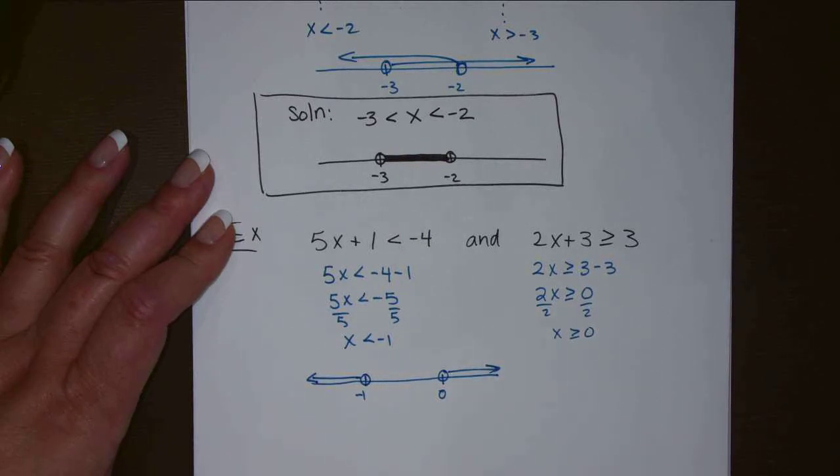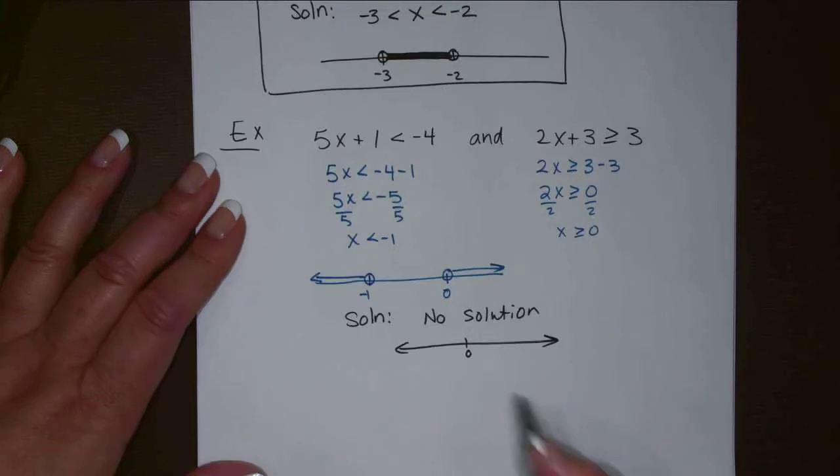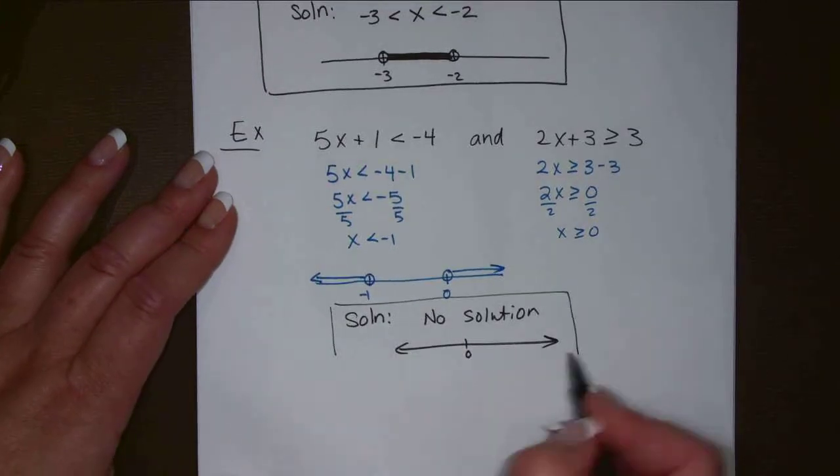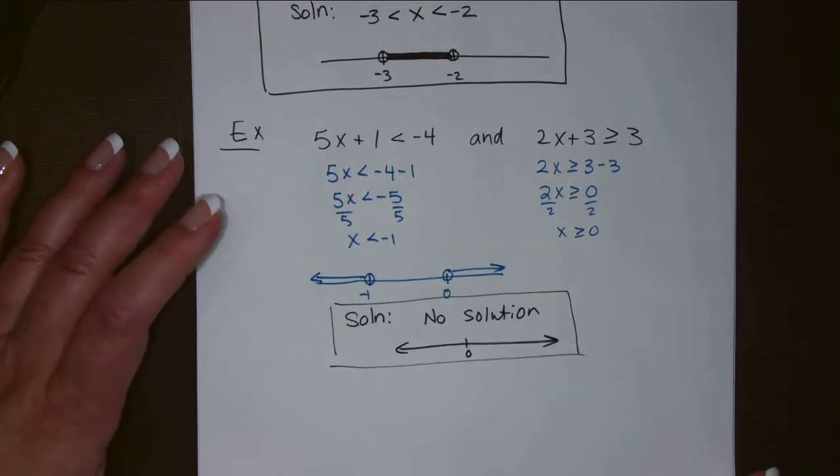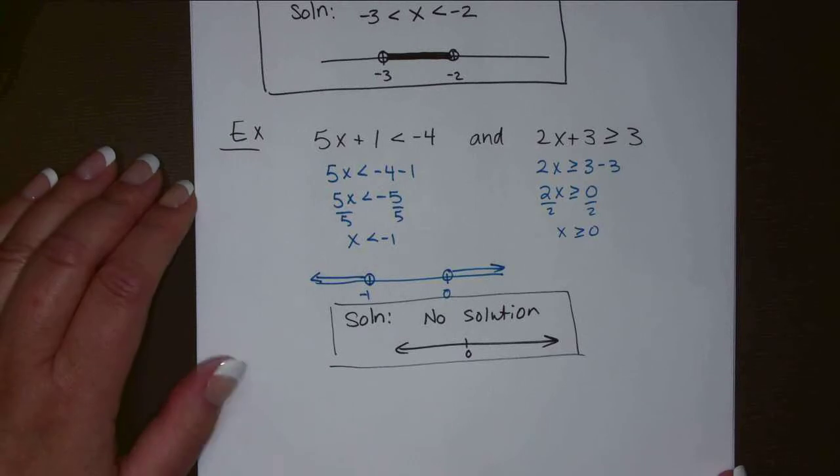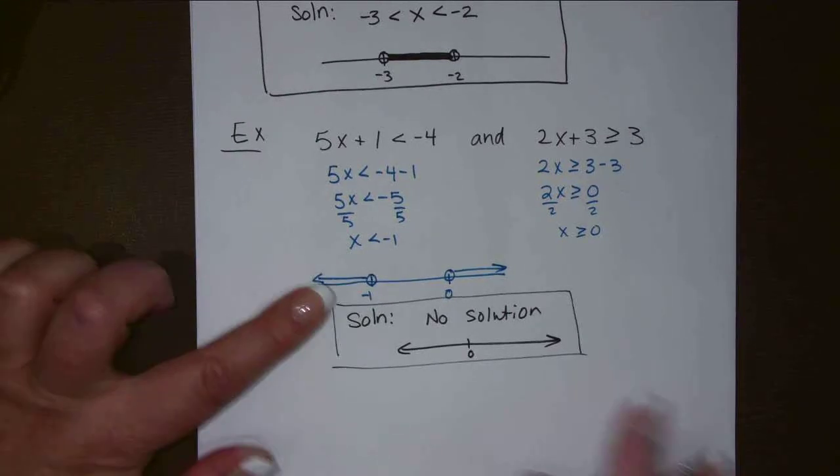So we're looking for the overlap, and there is none, so what would we say? No solution. So the solution is no solution. And there's a number line with nothing on it. Okay, there's no answers that work because there's no overlap.